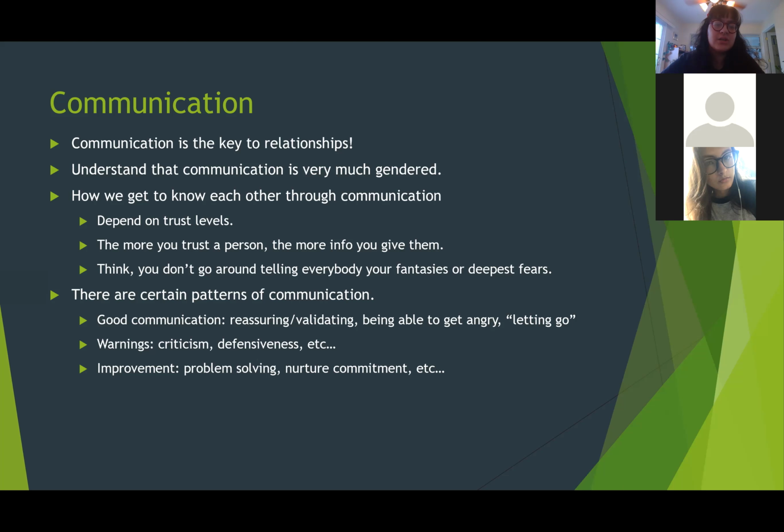But for communication, I would tend to think most about how communication is gendered. And she goes over that pretty well. And the patterns of communication, as in just knowing those bullet points, or having a general idea on them.